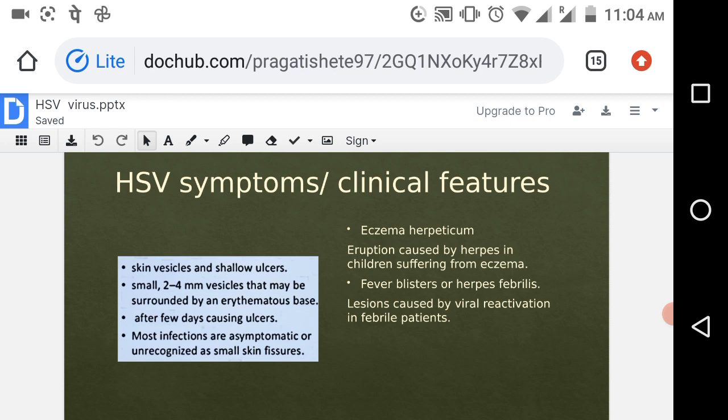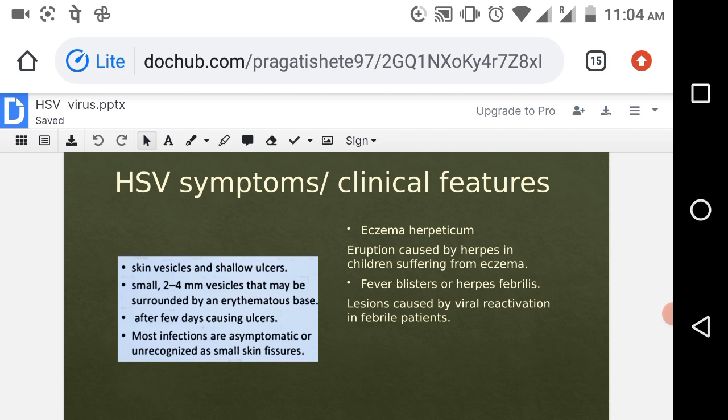In eczema herpeticum, crops of vesicles appear. What is the visual symptom? The vesicles appear on the site of the infection, on the affected area, and after a few days they turn into ulcers.